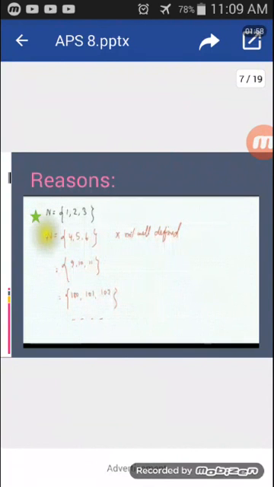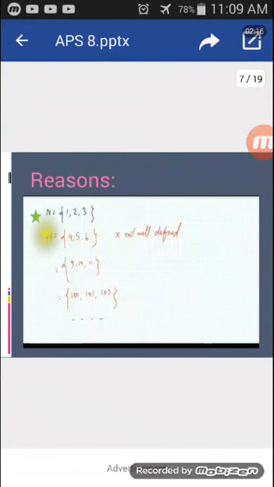The second example is three consecutive numbers. I don't know the starting of three consecutive numbers, like 1, 2, 3 or 4, 5, 6, or 9, 10, 11, or 100, 101, 102.